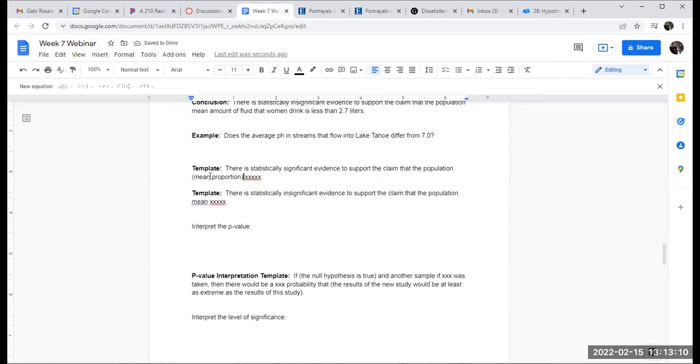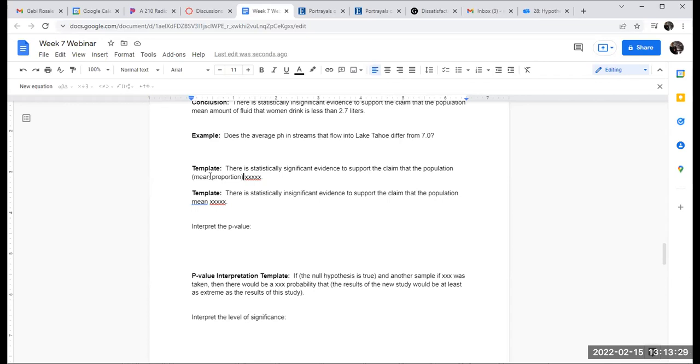Okay. So it really depends on the situation. In this case, the alternative is that the population mean is not equal to 7. But if it was the COVID one, it would be that the population proportion is less than 0.04. You see?